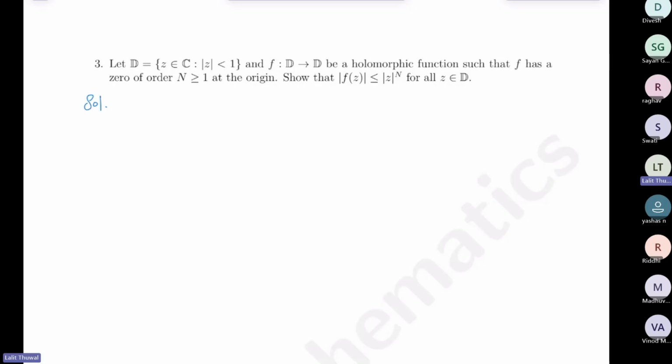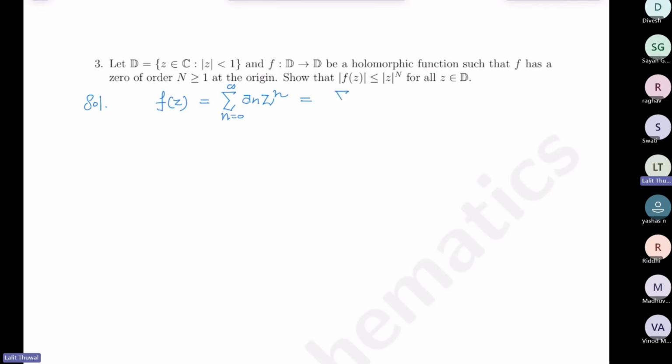The nth order derivative would vanish or not? No, right? So it has a power series expansion, the sum from n equals 0 to infinity of a_n z to the power n.